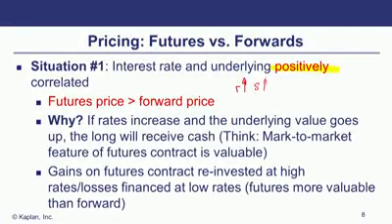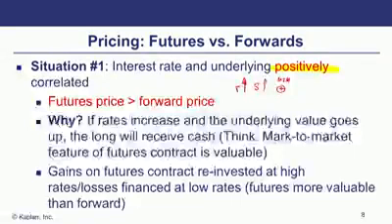Now, if I'm playing with futures and I've got this mark-to-market feature we discussed, I am going to have mark-to-market profits at this point, being the long player. Of course, these profits will be paid immediately into my account, and I can then go ahead and reinvest them at these higher rates, which is attractive.